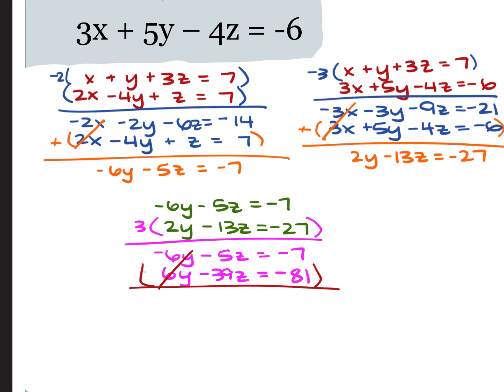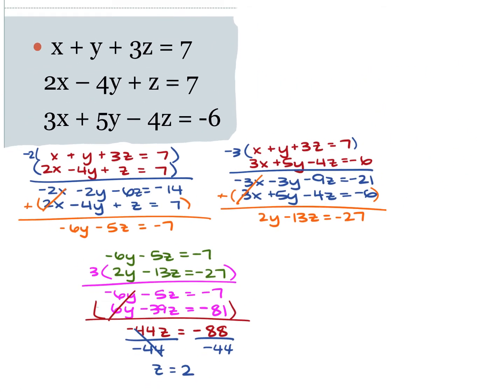You have negative 39 minus 5 gives us negative 44z is equal to negative 7 minus 81, which is negative 88. We're going to divide each side by the negative 44. And we get that z is positive 2.